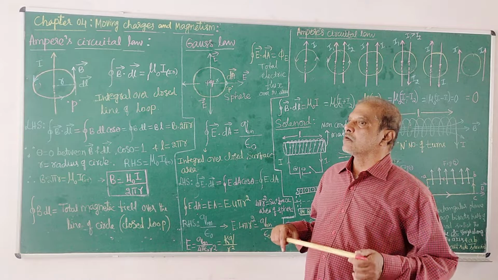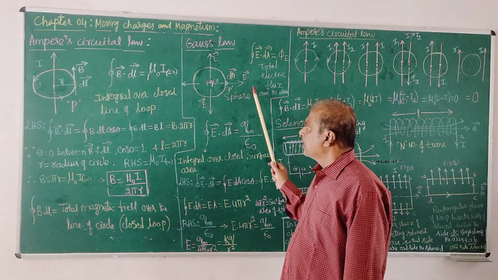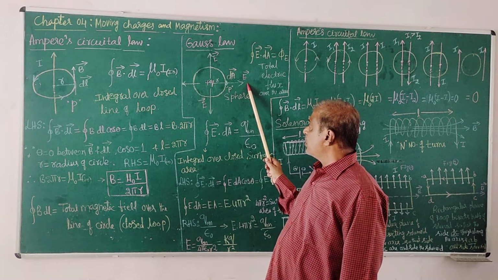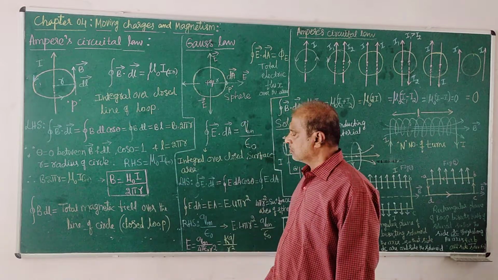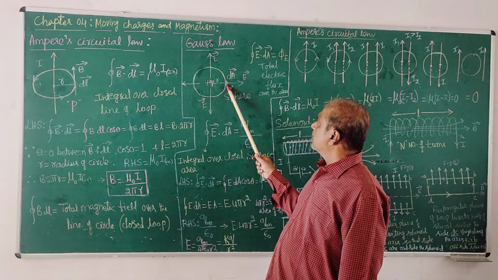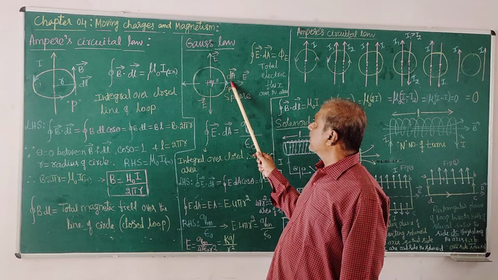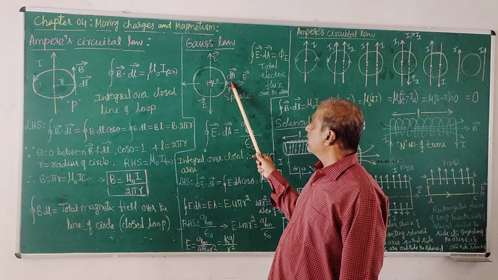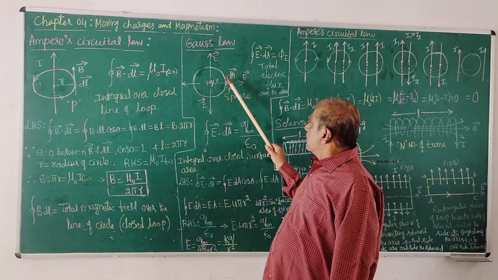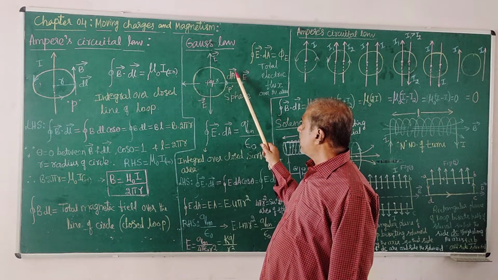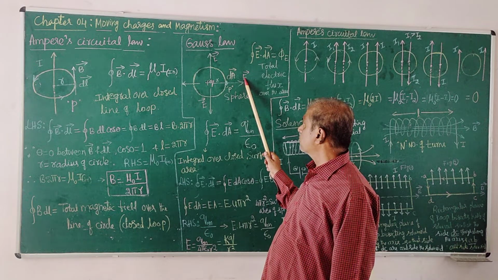Here comes the electric field, and here the area, the element of area dA that you have taken in differential form. The element of area also has a direction, and the electric field also has a direction.